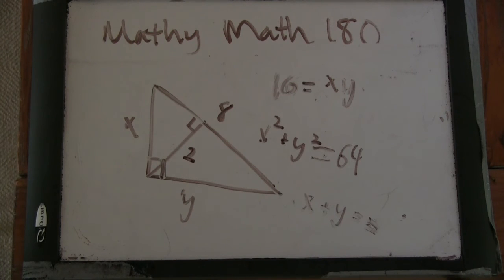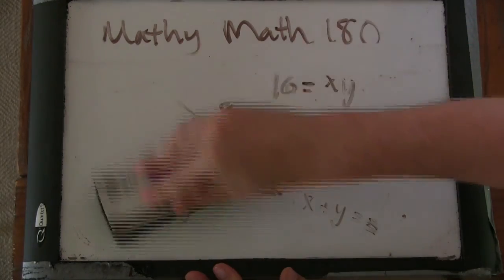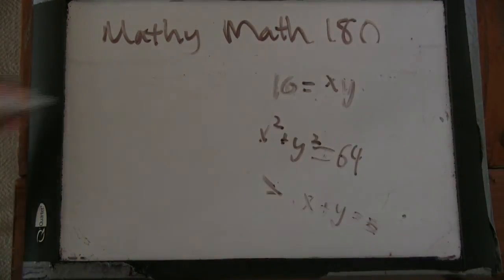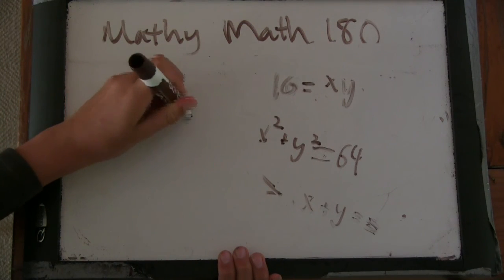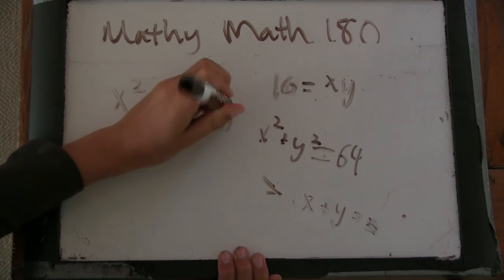Well, we could square it. Okay. Because that would give us an x squared and a y squared. Alright. What happens when you square this equation? What do you get? You'd get x squared plus 2xy plus y squared.